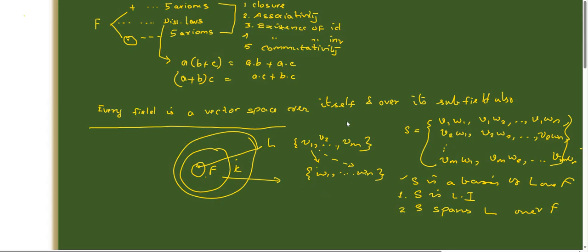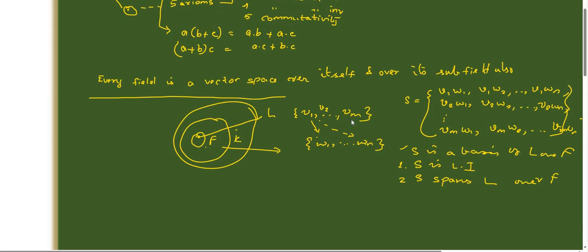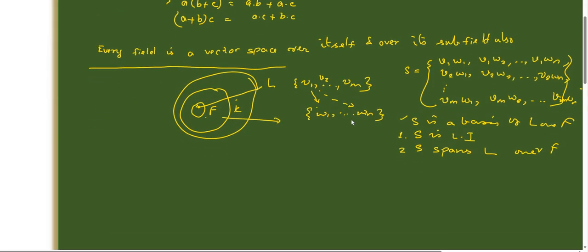To show linear independence, the usual procedure is to consider a linear combination and equate it to 0. Linear combination of what?